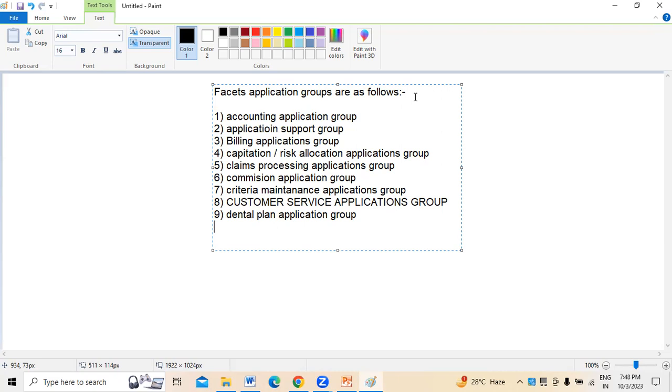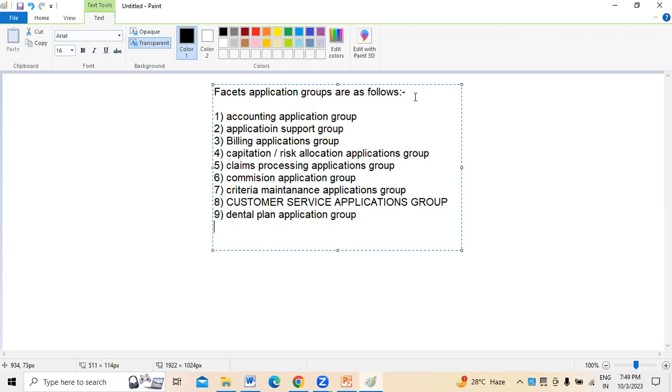Okay. So the first one is the accounting application group. Normally, whenever we are talking about account application groups, it majorly focuses on the accounting perspective.